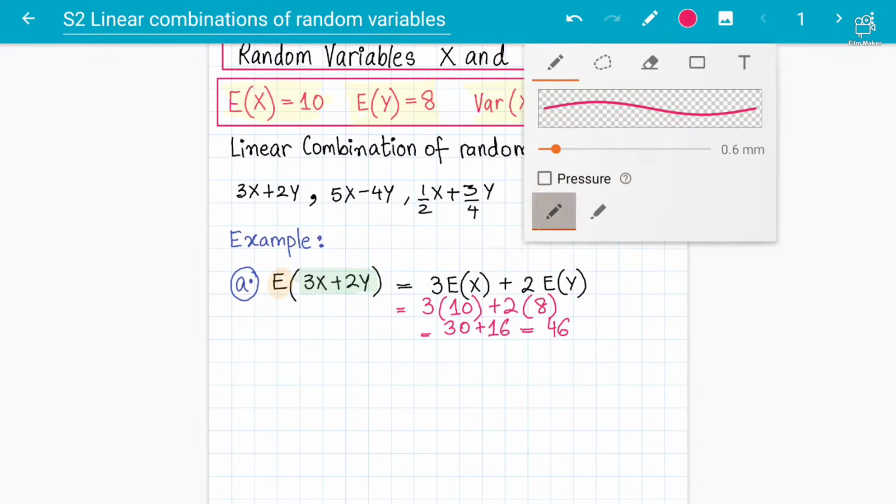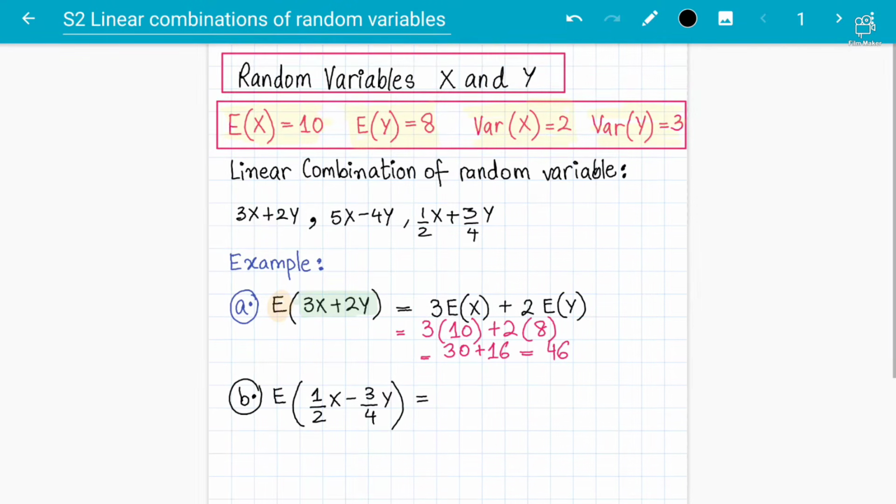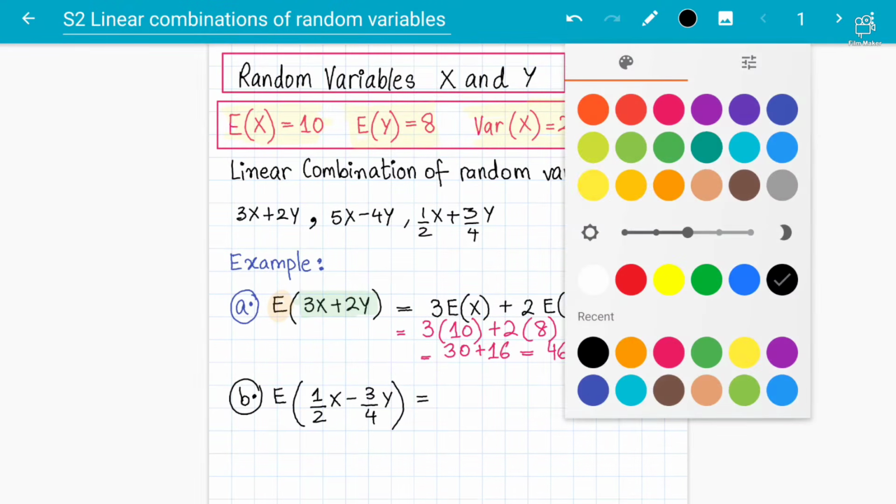Let's do another example where we have a negative sign as well. So part B, let's say again you have to find the mean. Let's find the mean of half x minus 3 over 4 y. Again, this is our linear combination of random variables.